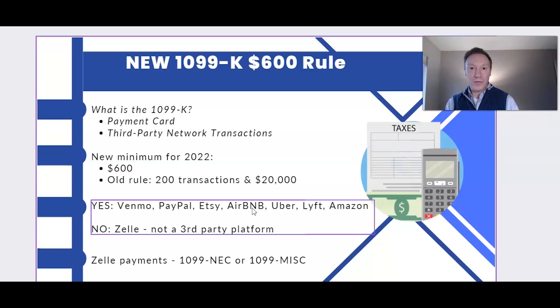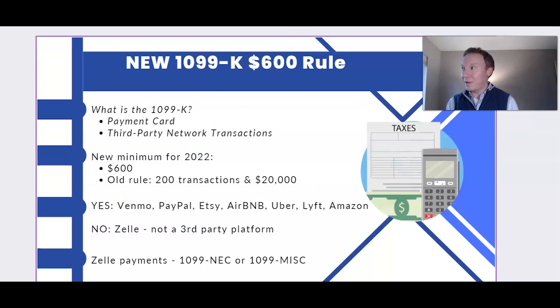But if your friend is giving you payments, Zelle is maybe not a good example, but like Venmo, right? You have a business Venmo account and your customers are paying you via Venmo, which is fine, but then you got a friend that is also sending you a Venmo to your business account.